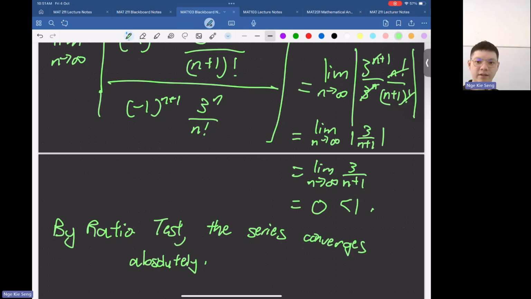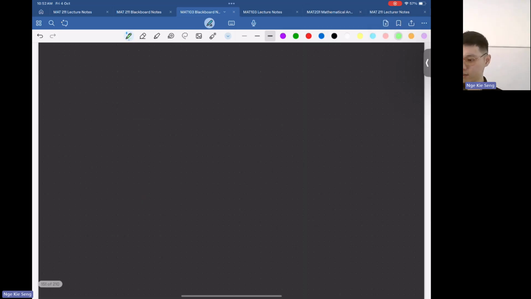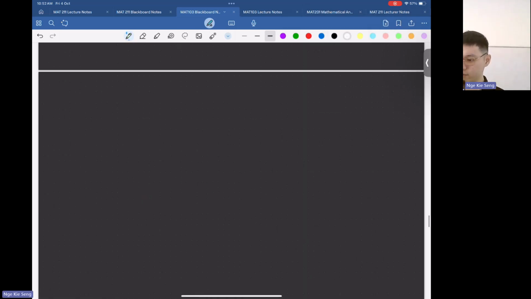Okay, let's do one more test, then we take a break. The next test is the root test. This means you need to take roots somewhere. So where do you take the roots?